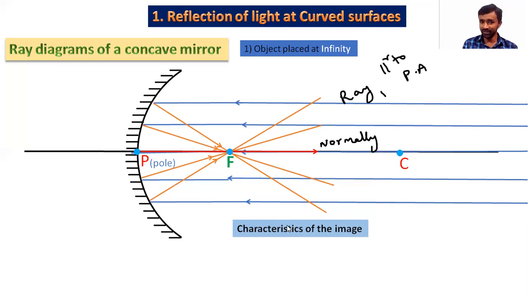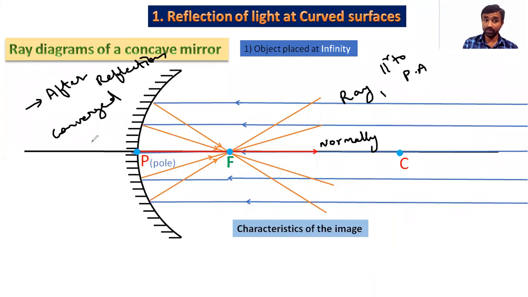Where is the image actually? Do we get a converging point or diverging point after reflection? Converging point. A converging point will give a real image or virtual image? Real image.